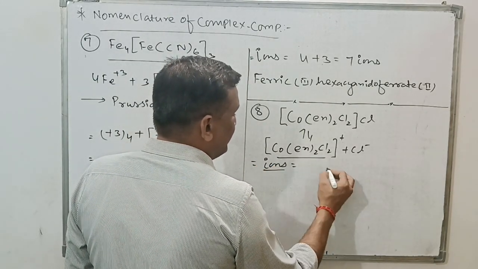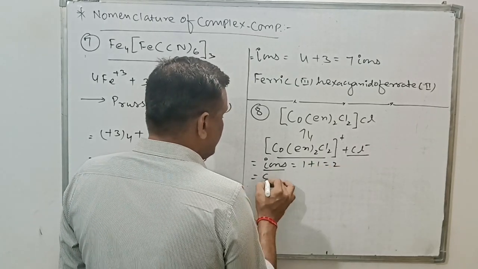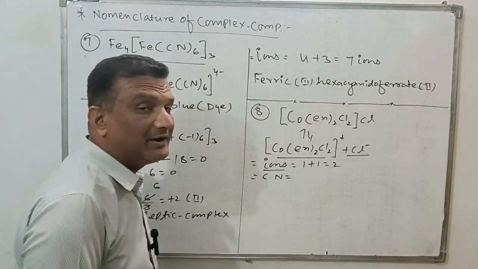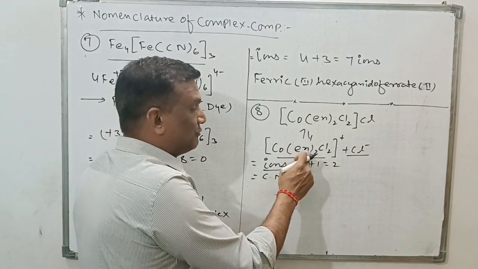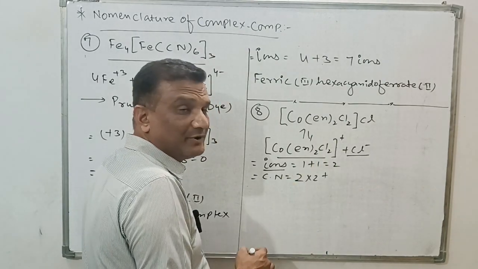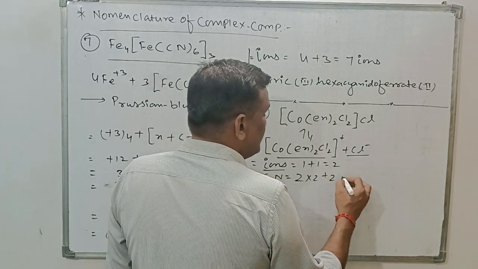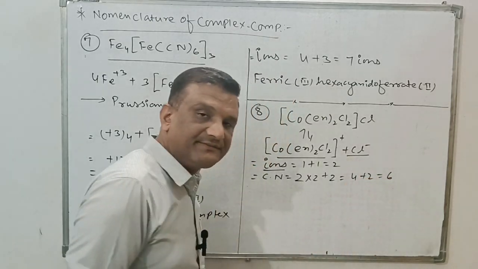Here is one complex ion and one counter ion, 1 plus 1 equals 2. Coordination number is very important; we have discussed it in previous videos. En is a bidentate ligand, so the total number has to be multiplied by 2, so 2 into 2, plus Cl is a monodentate ligand, total number 2. So 2 twos are 4 plus 2 equals 6.